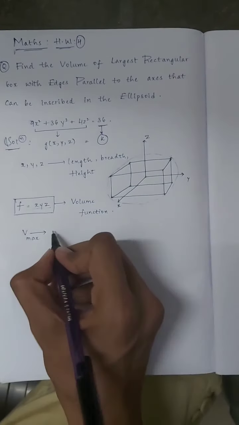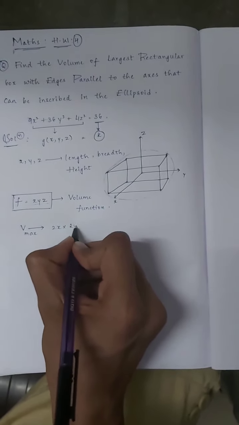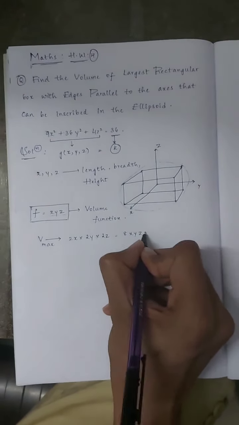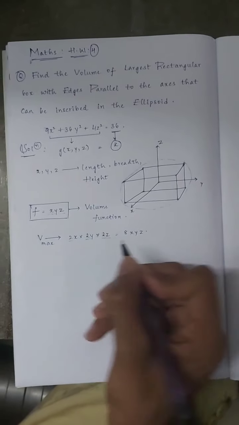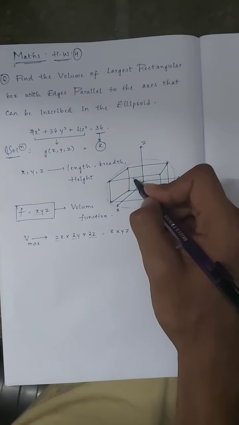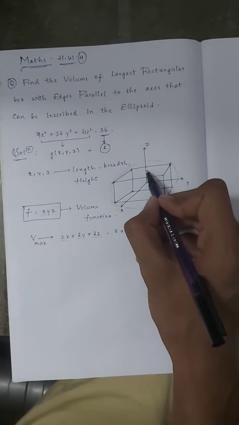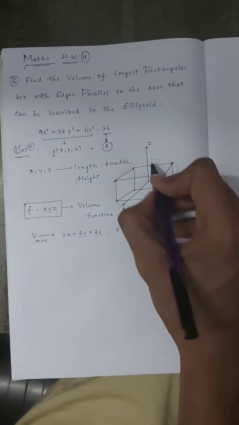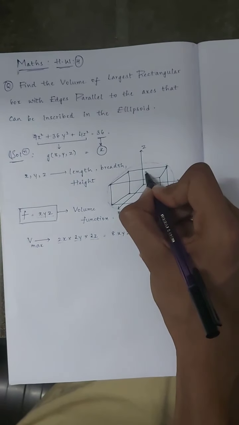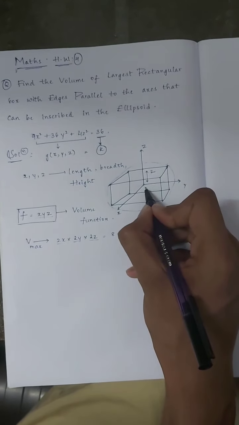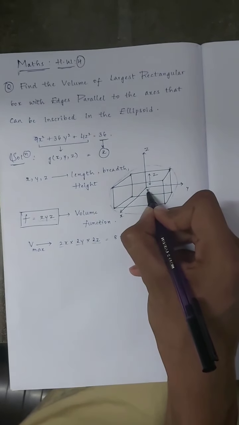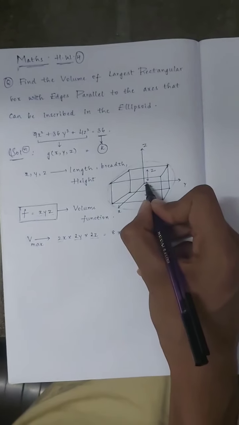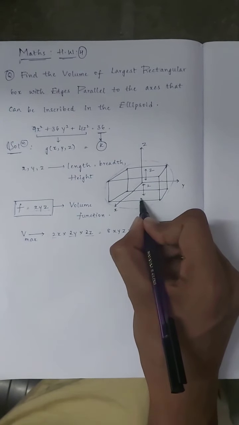It would be 2x times 2y times 2z, which would be 8xyz. Here we are getting 2x, 2y, 2z because the rectangular box is equally bisected by the axes. So this would be z and this would also be z. I mean, this will be from 0 to z, and this will be from 0 to minus z.